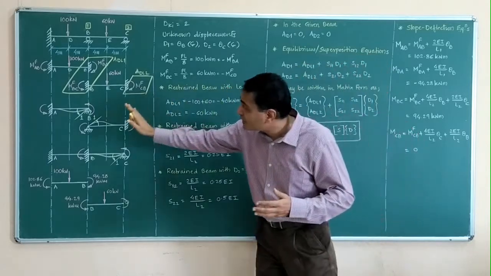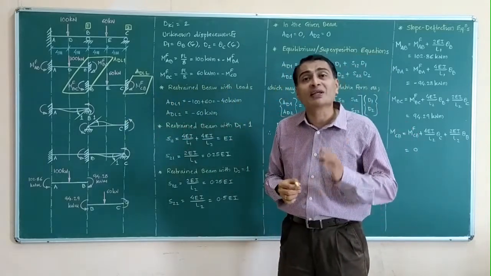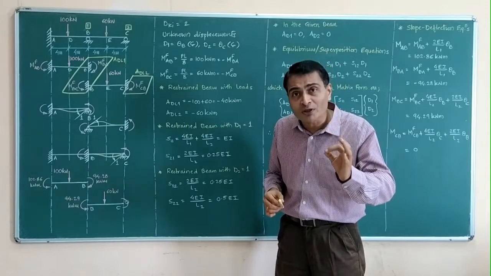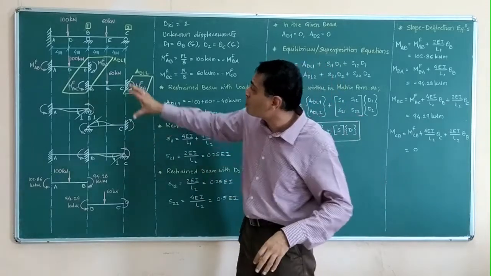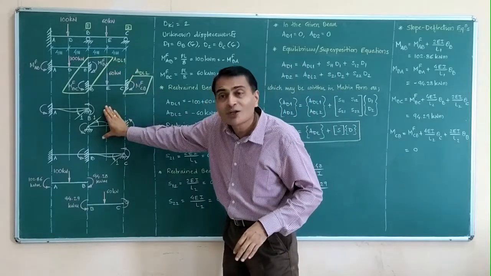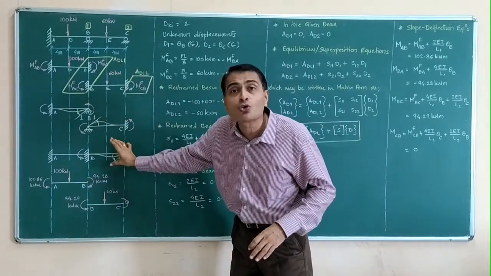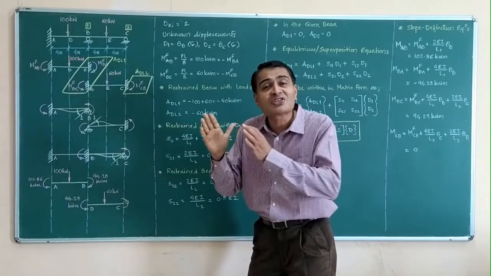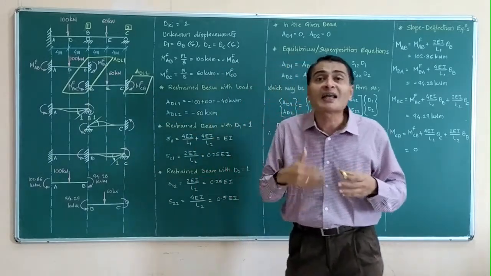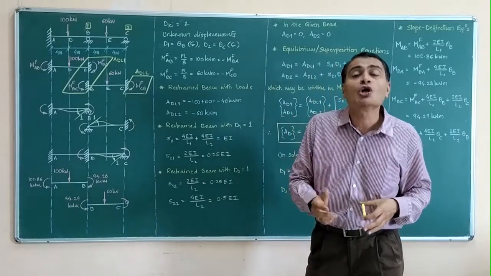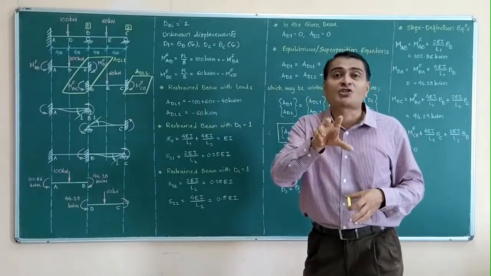Now I go ahead with my next diagram, and this is all very interesting and very important. See what we are doing. We are doing superposition of this plus this into D1 plus this into D2. Why am I saying this into D1 and this into D2? Because we are not directly imposing D1 and D2, we are imposing unit rotations.